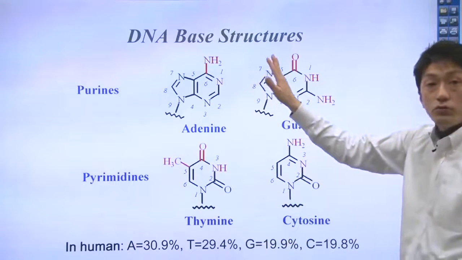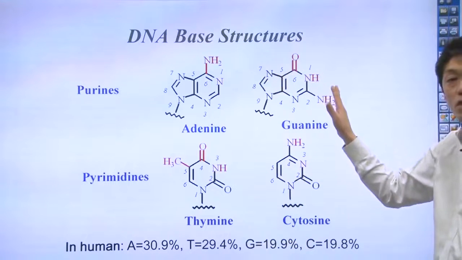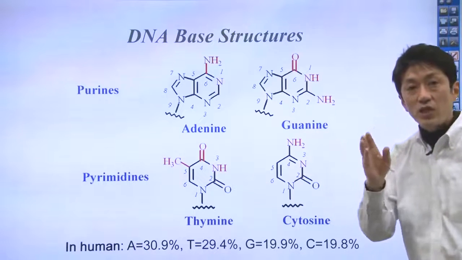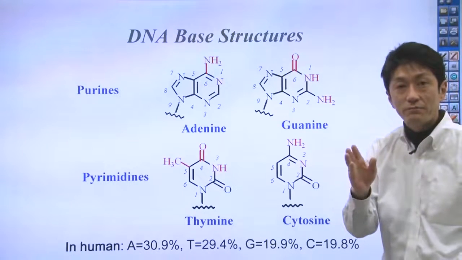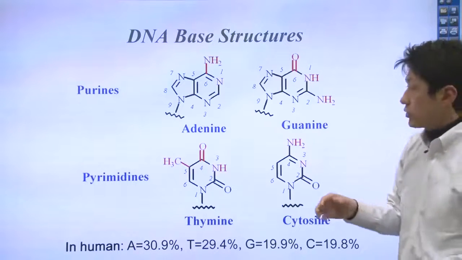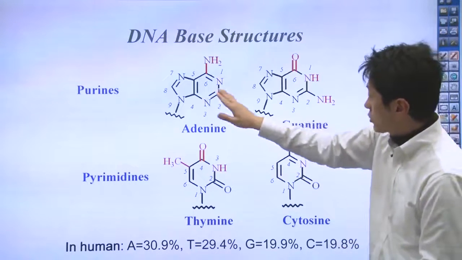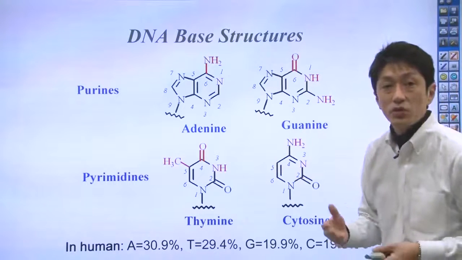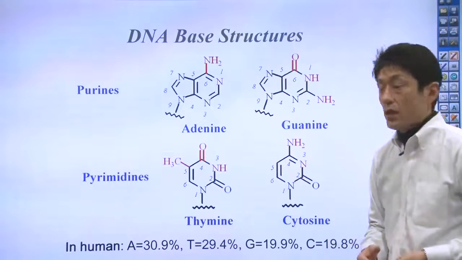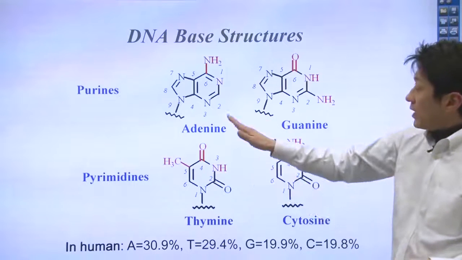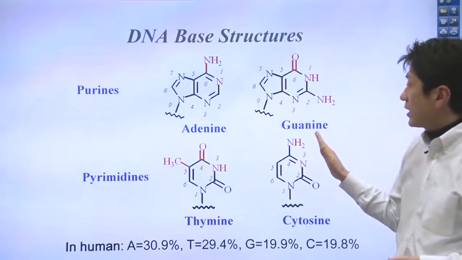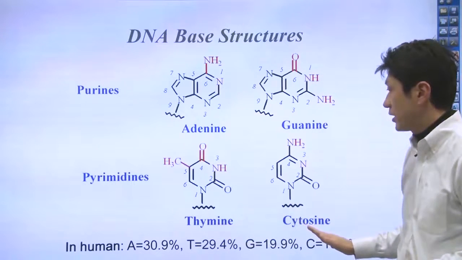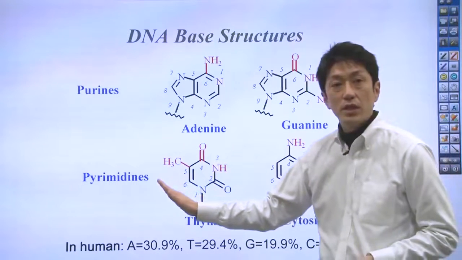They all consist of only the 4 elements I told you about: C, H, O, N. And they also have ring structures that add stability. I mentioned that. Adenine and guanine are called purines. Thymine and cytosine are called pyrimidines.